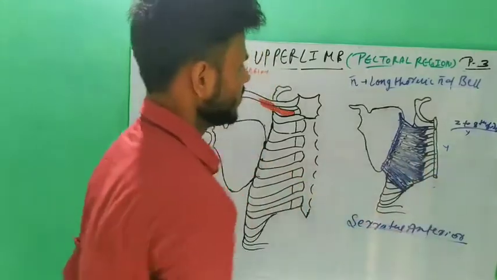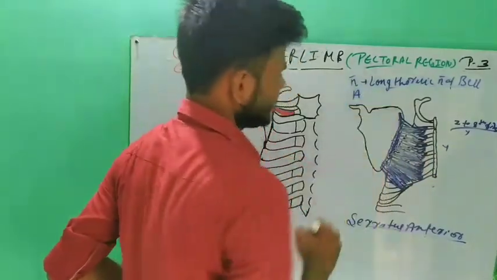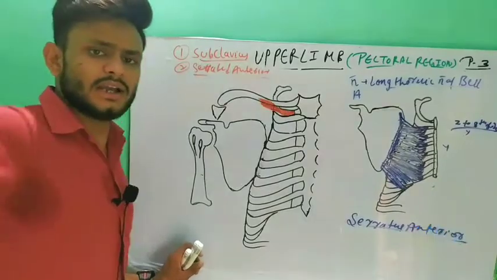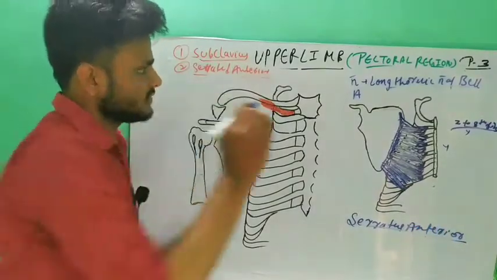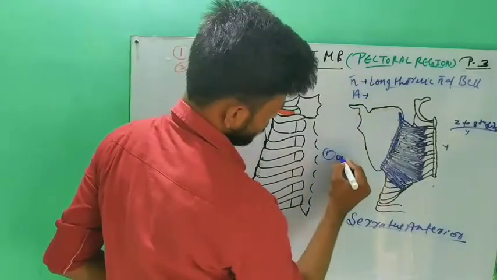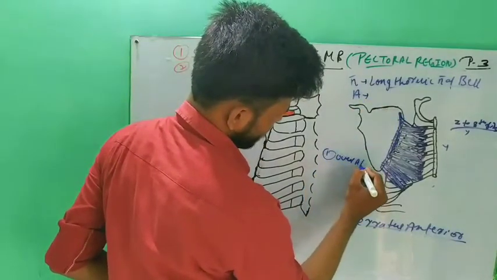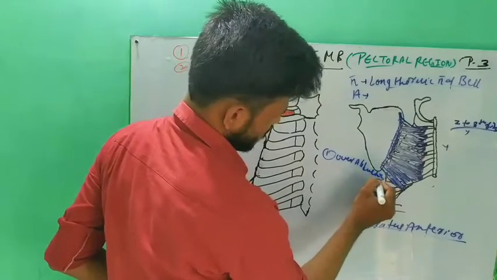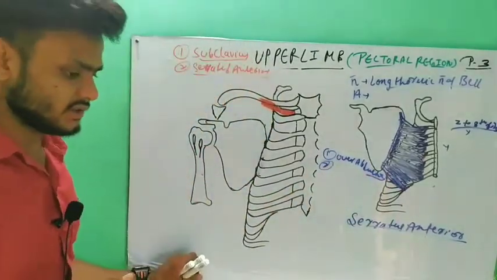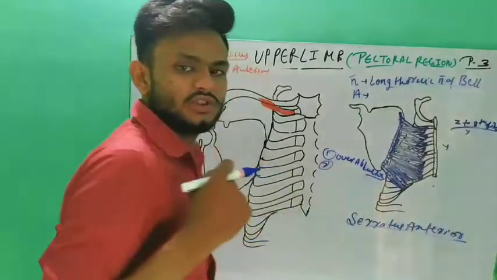This is the nerve supply of the serratus anterior. Now, action. This muscle helps in overhead abduction. That is the first function. Now the second function: it helps in pushing and punching.